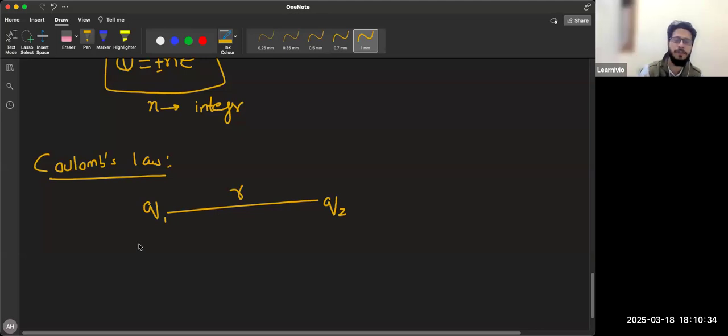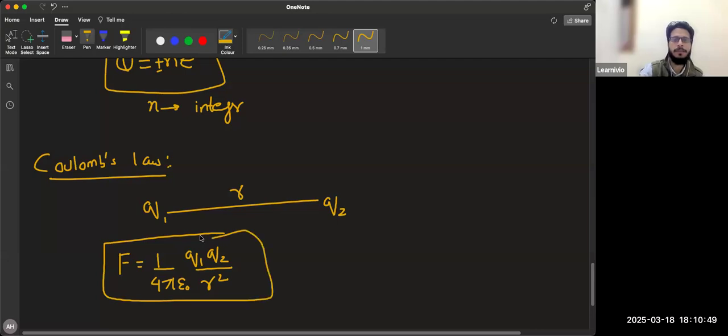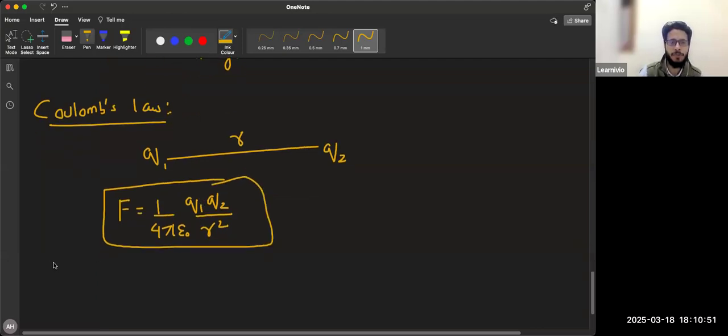When you combine everything, you write this expression as F equals 1 over 4 pi epsilon naught, Q1 Q2 divided by R square. This epsilon naught is the absolute permittivity of free space.